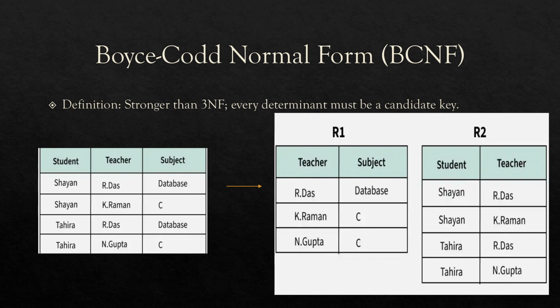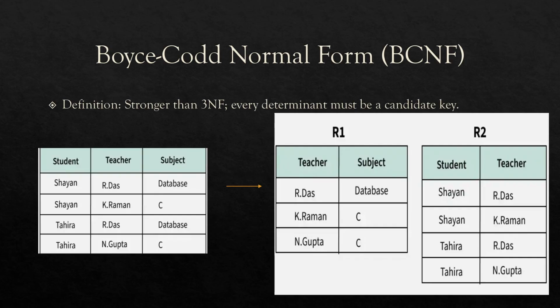This relationship suffers from anomalies. For example, if we delete the student Tara, we will also lose the information that N Gupta teaches C. This issue occurs because the teacher is a determinant but not a candidate key.